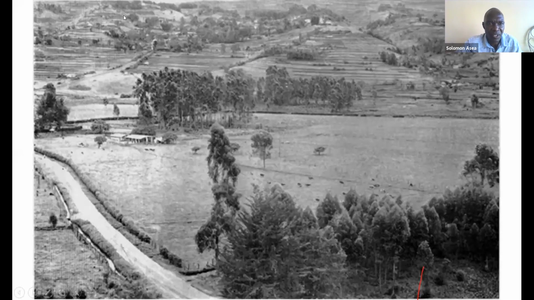So the relief features: in the background we have the hills, the steep slopes, and the gentle slopes in the middle ground, and in some areas in the hilly region. We have the foreground here, which is a lowland.